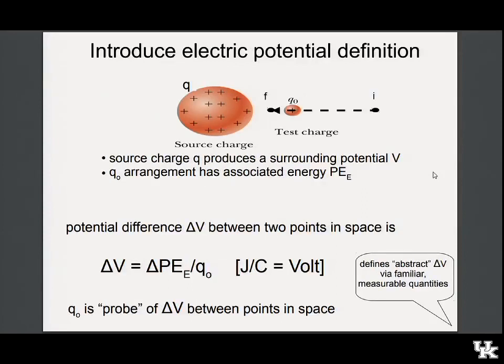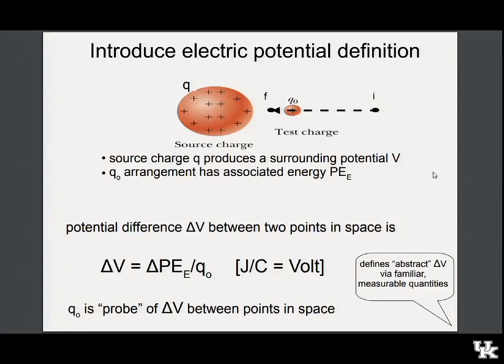This is how we define, in a similar way, the electrical potential. So again, imagine I've got a source charge over here on the left-hand side, and it's the source of some electrical field in the surrounding space.